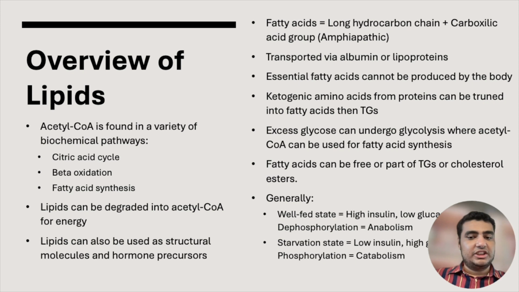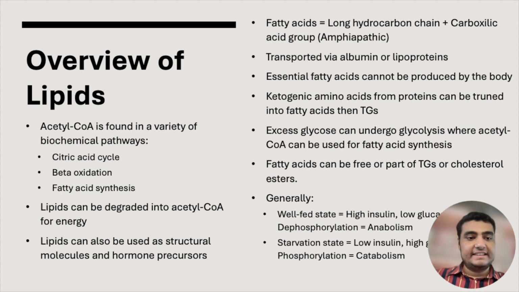Starting with a general overview, lipids are really important for a variety of functions. They are used as structural molecules, as phospholipids, for example, in all cell membranes. They are used for energy in beta oxidation, and they are used for the synthesis of a variety of molecules, including certain hormones.